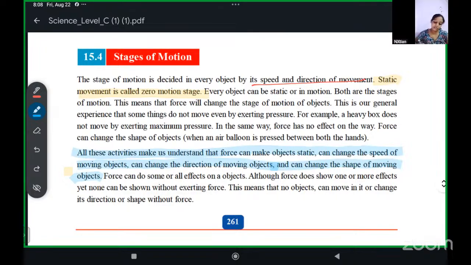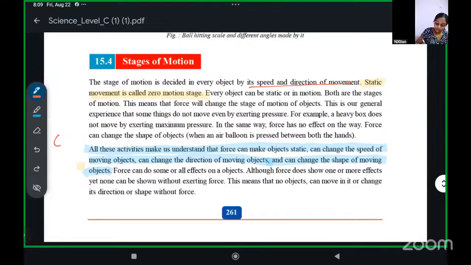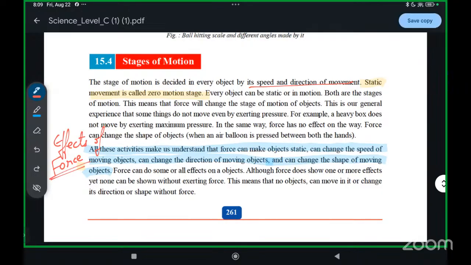These are the effects of force on an object. Although force does not always show one or more effects, none can be shown without exerting force.